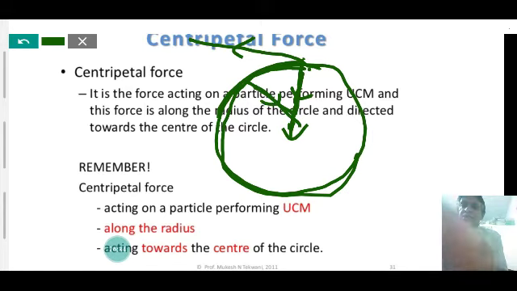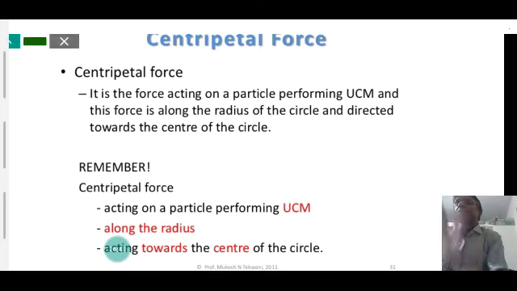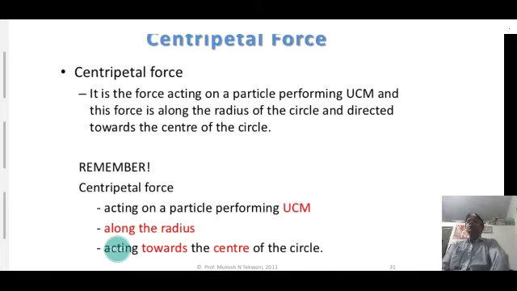This force acting toward the center is known as centripetal force. The center-seeking force is known as centripetal force. It is the force acting on a particle performing uniform circular motion. When the object undergoes uniform circular motion, the force along the radius of the circle, directed toward the center, is called centripetal force.